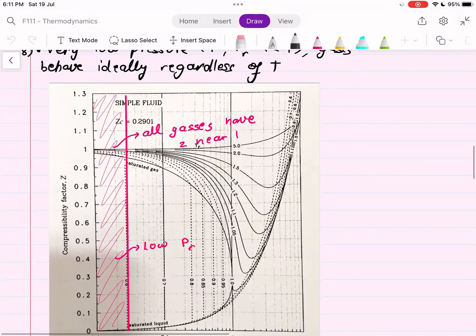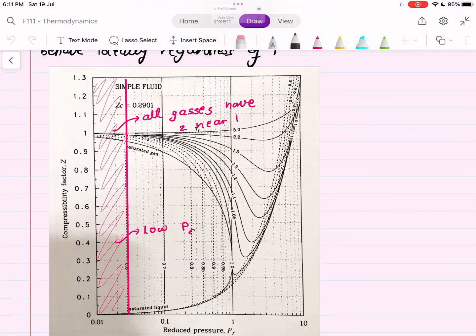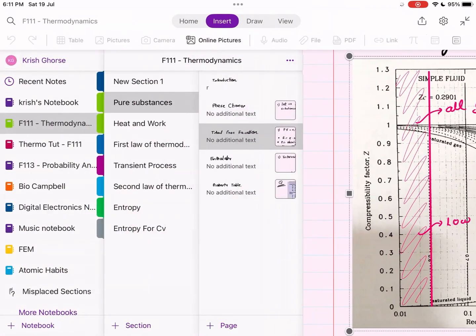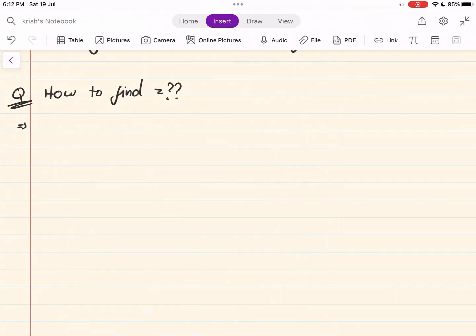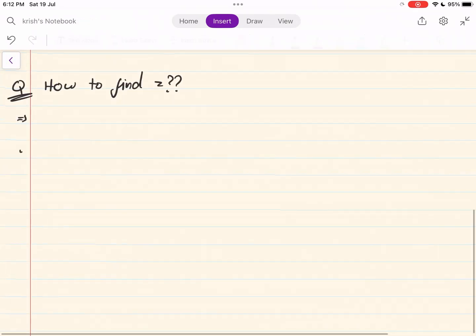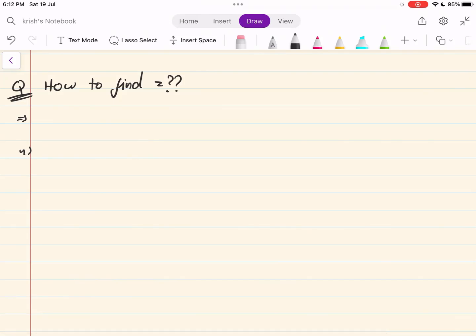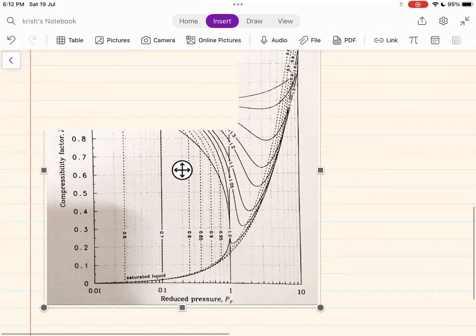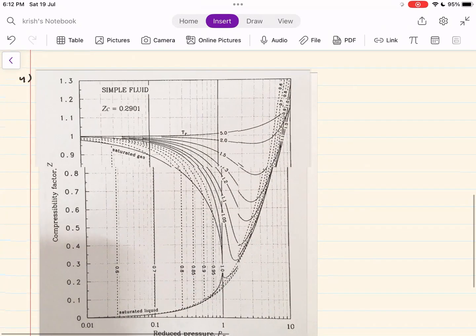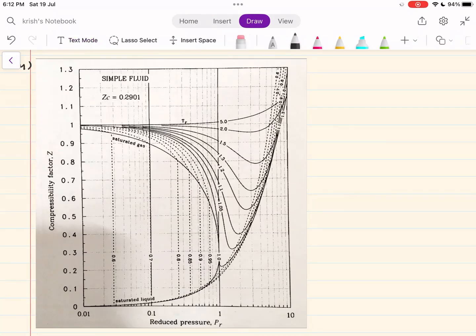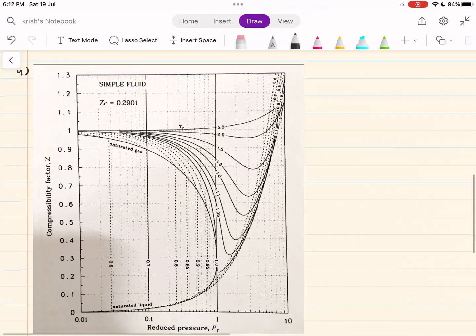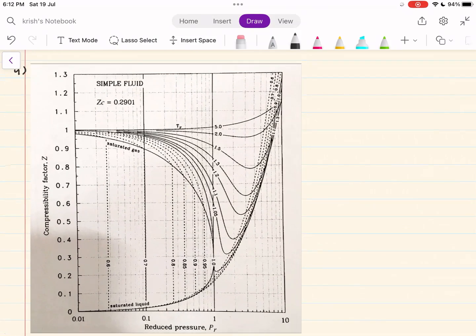So let us just copy it and I will explain it to you. Alright. So using this graph, we will be able to determine the value of Z.